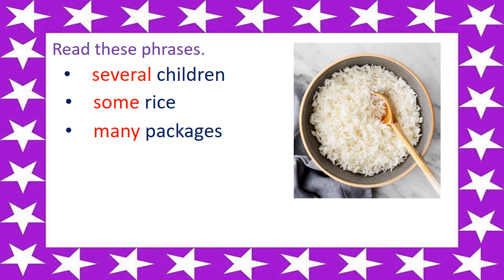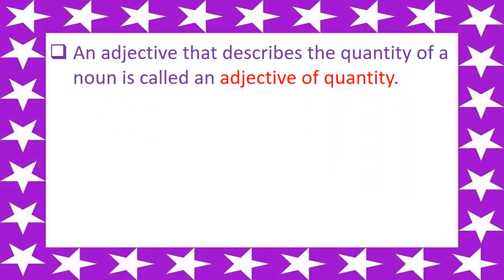Now let us read these phrases. Several children, some rice, many packages. So students, as we can see here, the highlighted adjectives describe the quantity of nouns. So remember that an adjective that describes the quantity of a noun is called an adjective of quantity.